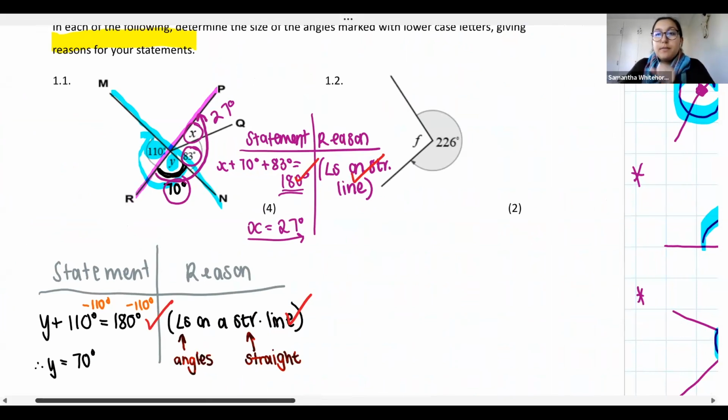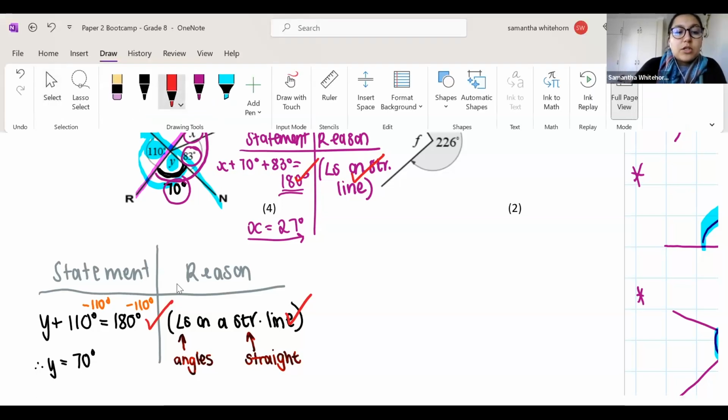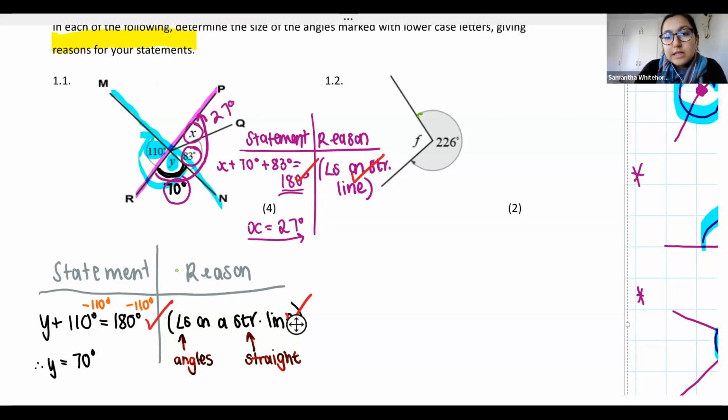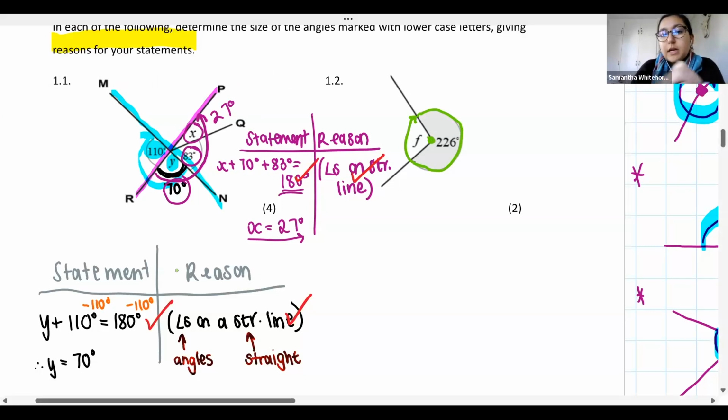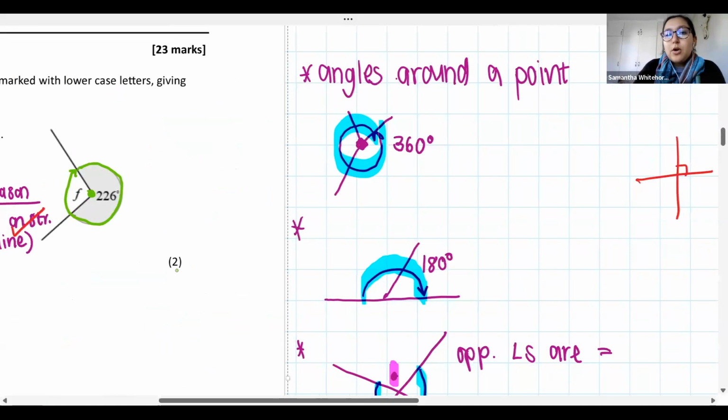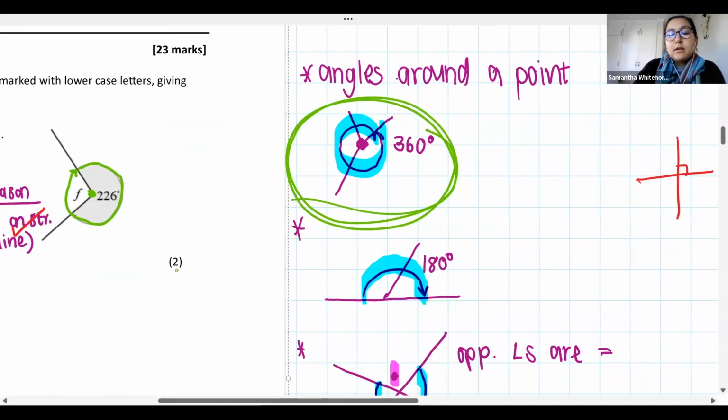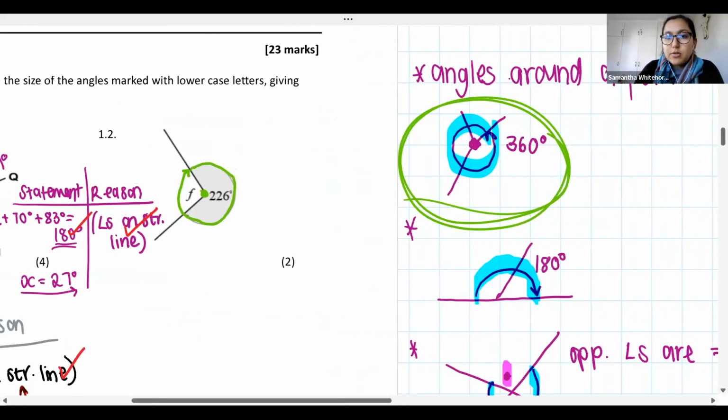All right, guys, so if we have a look at 1.2, we can see that our diagram looks a little bit different here. And we've almost been given a hint of what to do because we can start to see this idea of a full circle around this common point in our diagram. So if we go back to the reasons, we know that angles around a point must add up to 360 degrees.